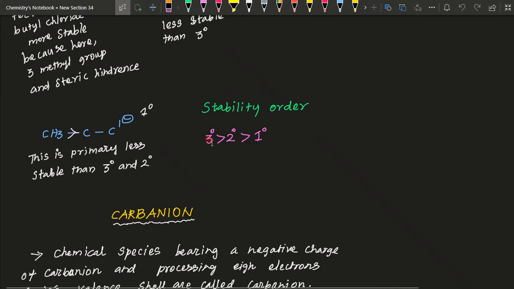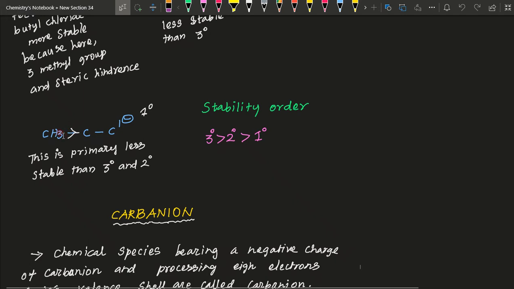Tertiary is the most stable. Again the secondary is less stable, primary is very less stable.